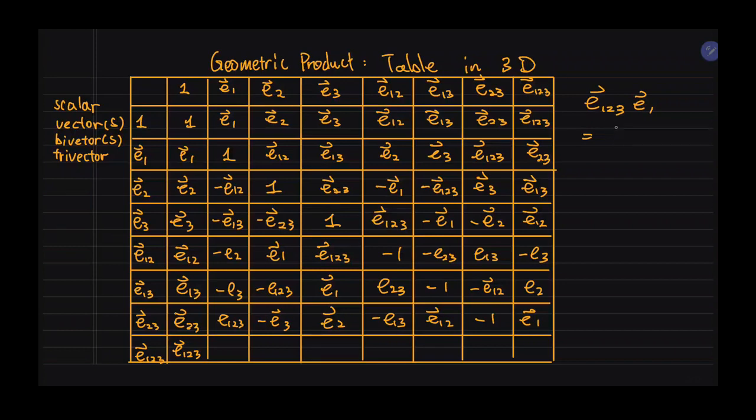We basically swap the index twice, we get E23, because we get E213 E1 with a minus sign, and then swap one more time, 231 E1, then we get plus, so E23.